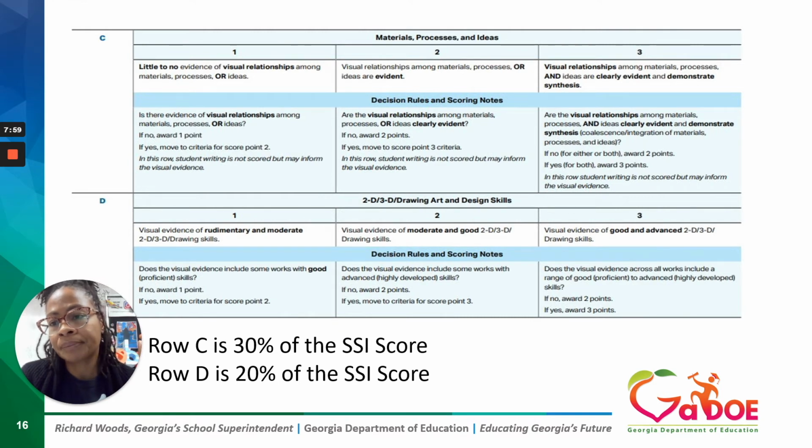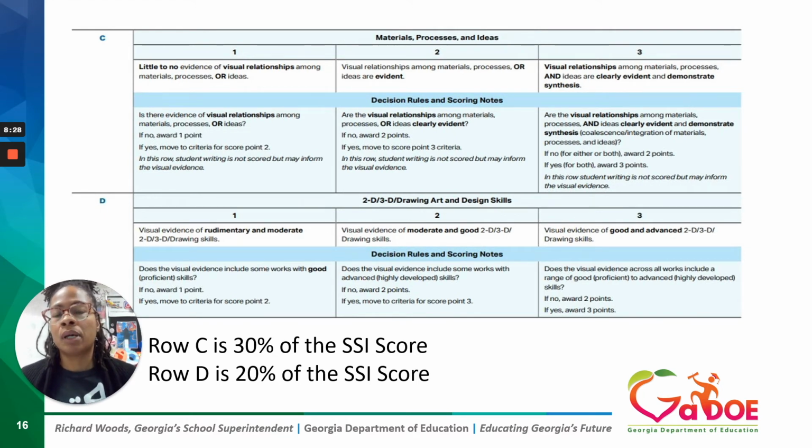Row A and B had to do with specifically the writing and connections with the writing and their imagery. So if you're looking at score of 1, little to no evidence of visual relationships among materials, process, and ideas. So are they making connections with why they're choosing certain materials and media? Are they documenting it? Is it shown in their imagery?